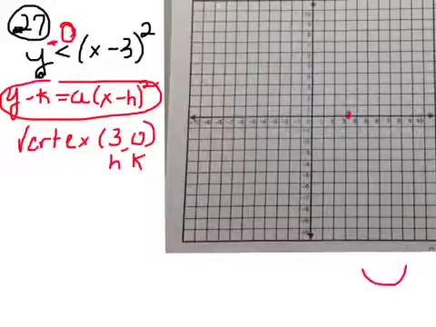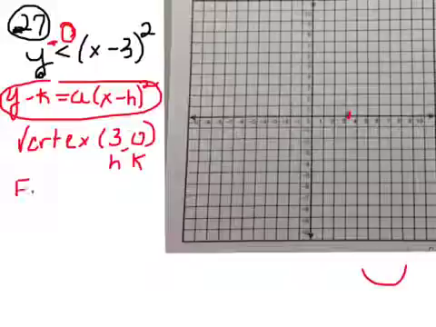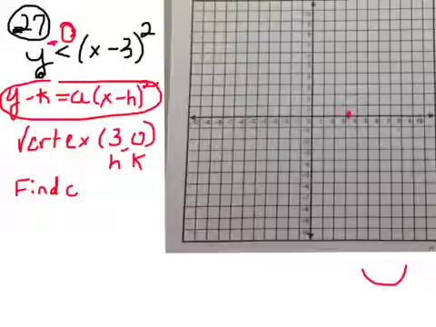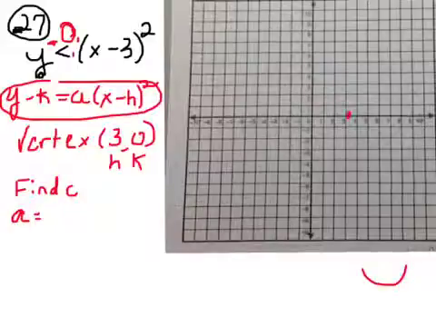If we want to find the focus, we need to find c first. How you find c, if you remember, you take the stretch or shrink factor that's in front of the square term. Since there's nothing there, there's an invisible 1.